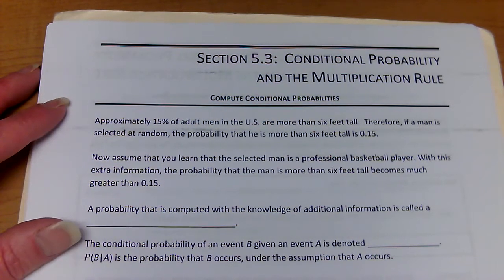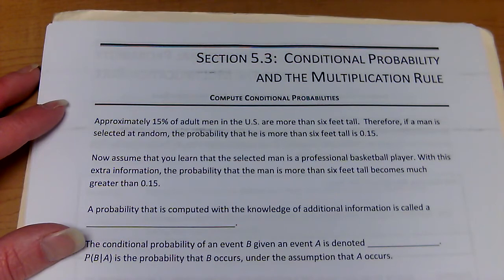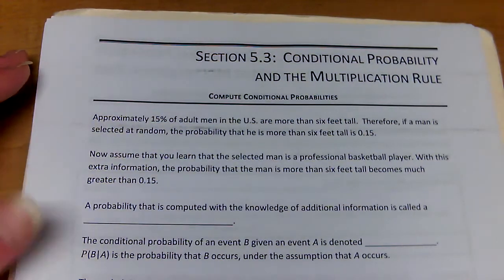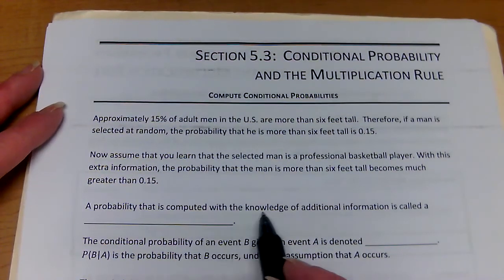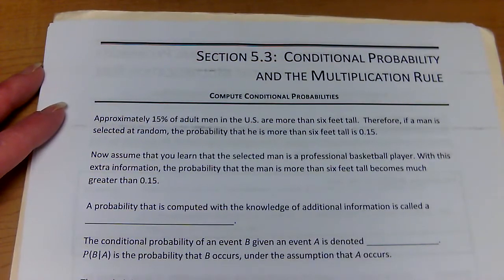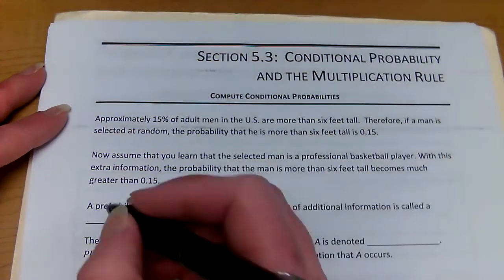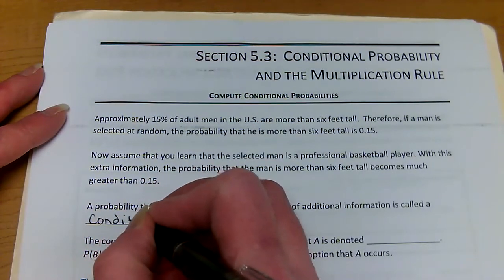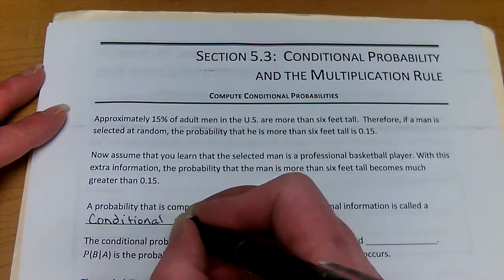Now, assume that you learned that the selected man is a professional basketball player. With this extra information, the probability that the man is more than 6 feet tall becomes much greater than that 0.15. So a probability that is computed with the knowledge of additional information is called conditional probability.